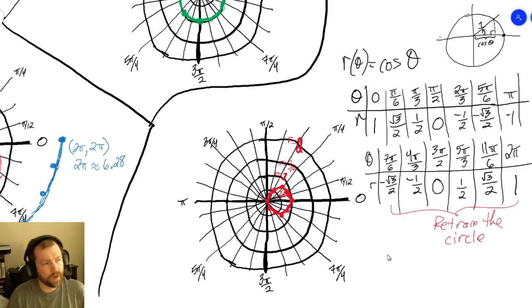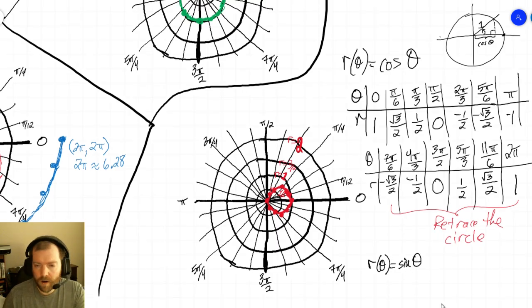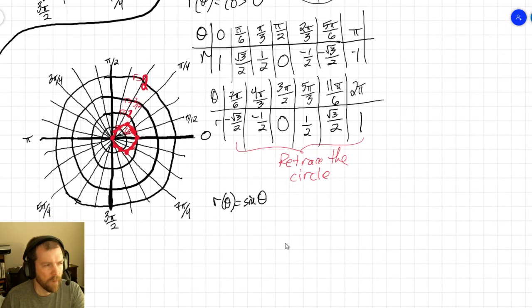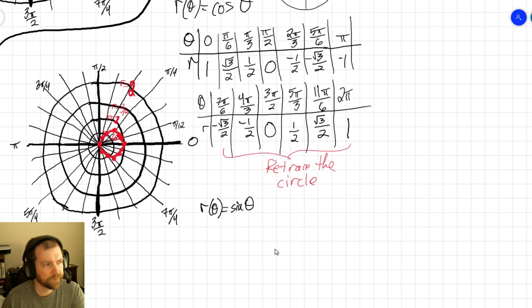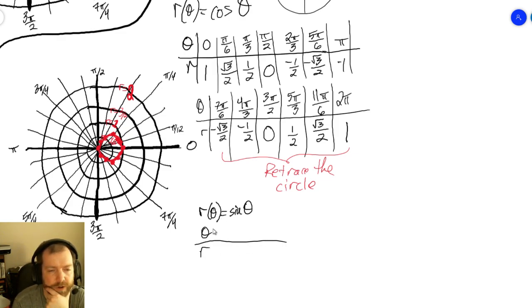Okay, so what if we want to do sine of theta? Well, if you remember anything from all those trig things that either we did or you did in your class, we're going to start at 0 again, but for 0 radians, sine of 0 is 0.